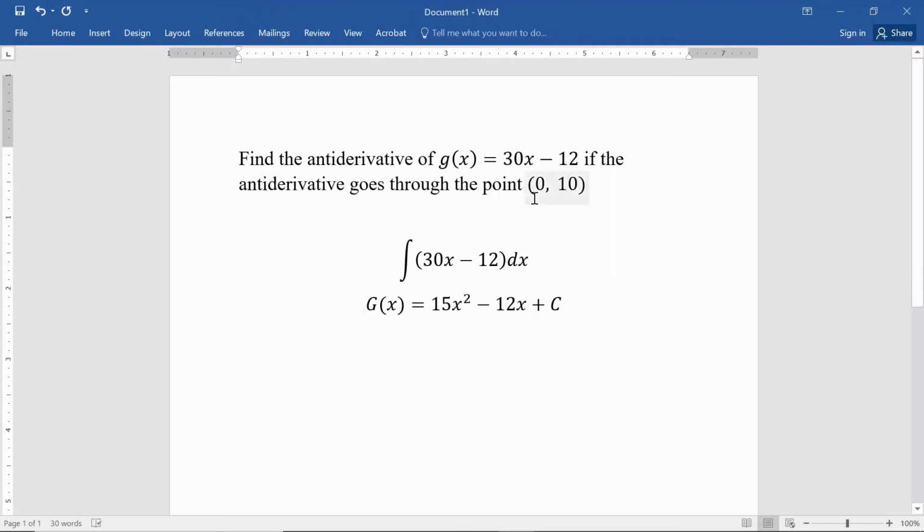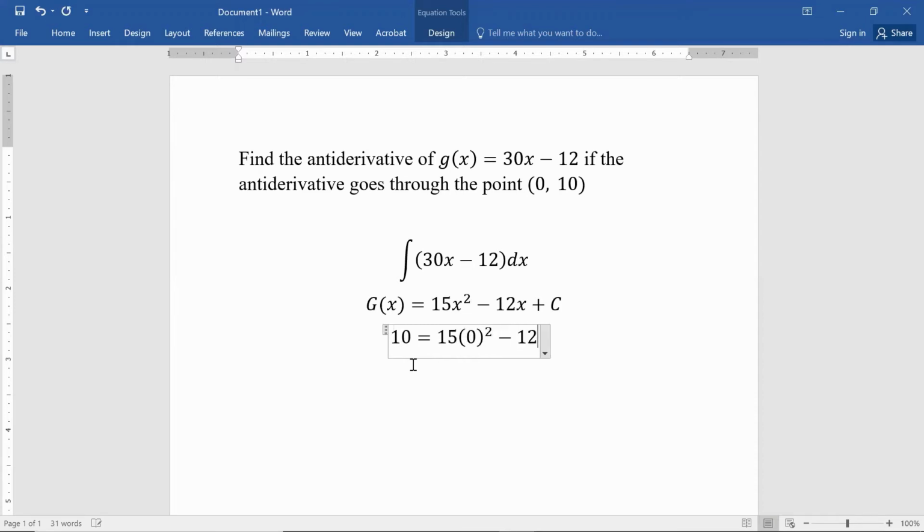For this problem, we know the point (0, 10) is a point on the graph of the antiderivative. Notice plugging in 0 is really nice. The output is 10 when you plug in 0 for x.